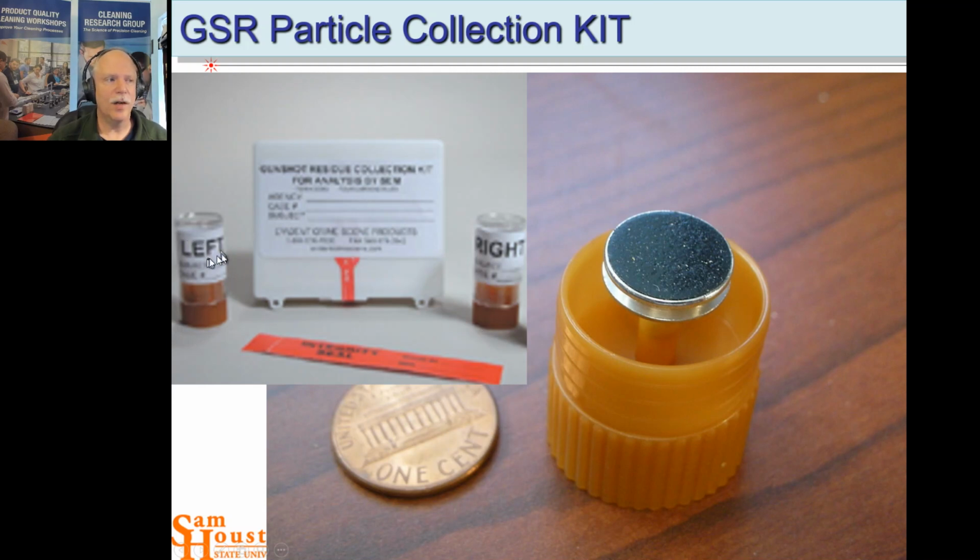And so here we have one labeled left and right for the two hands, and then security seal, and you've got date and time stamps and so on. So you would swab the back of their hand with this little foam swab, and then fill out the information, put the security seal on, and send it in for analysis.